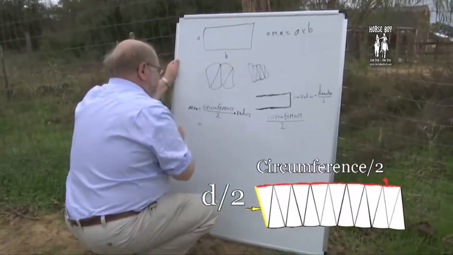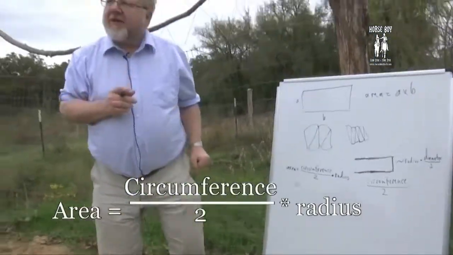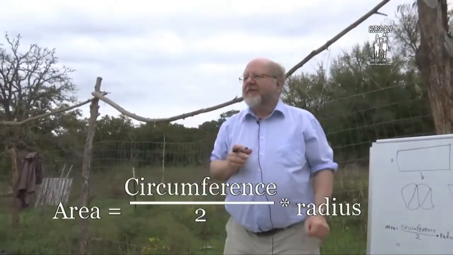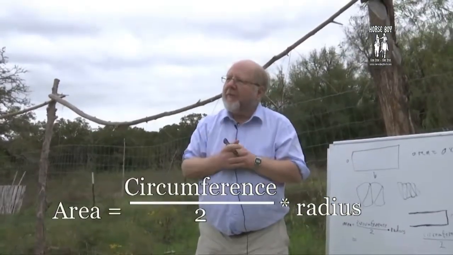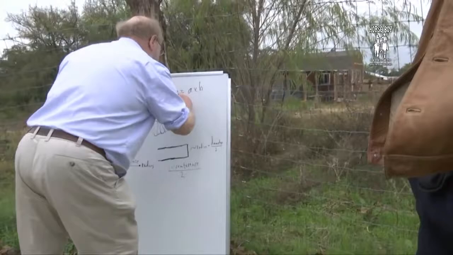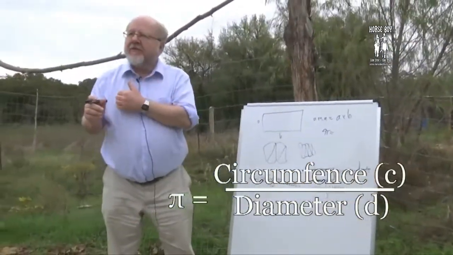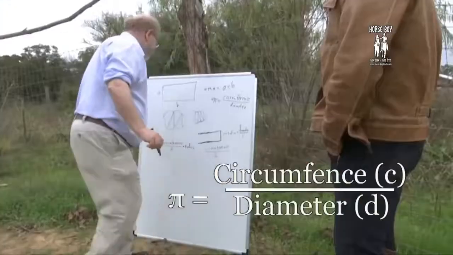So now there's the point. What did you teach us? The circumference has something to do with pi. So pi was, as we said earlier, the ratio of circumference and diameter.